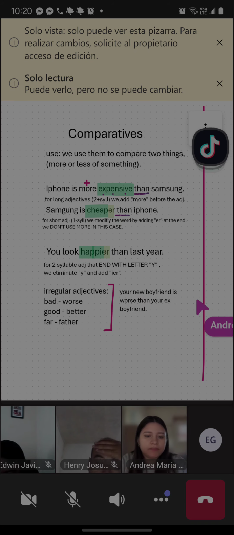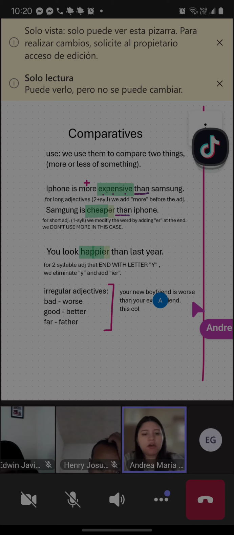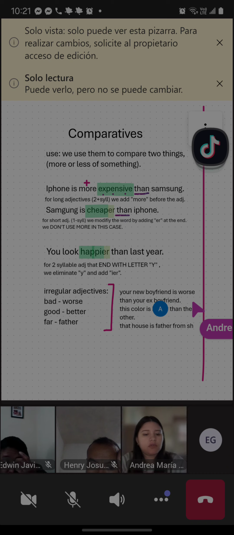Or for example, this color is better than the other. Or that house is farther from school than the other house.